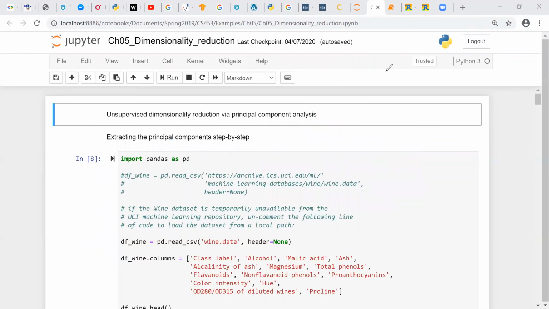And in the last class, we also learned LDA, linear discriminant analysis. It can also reduce feature space.